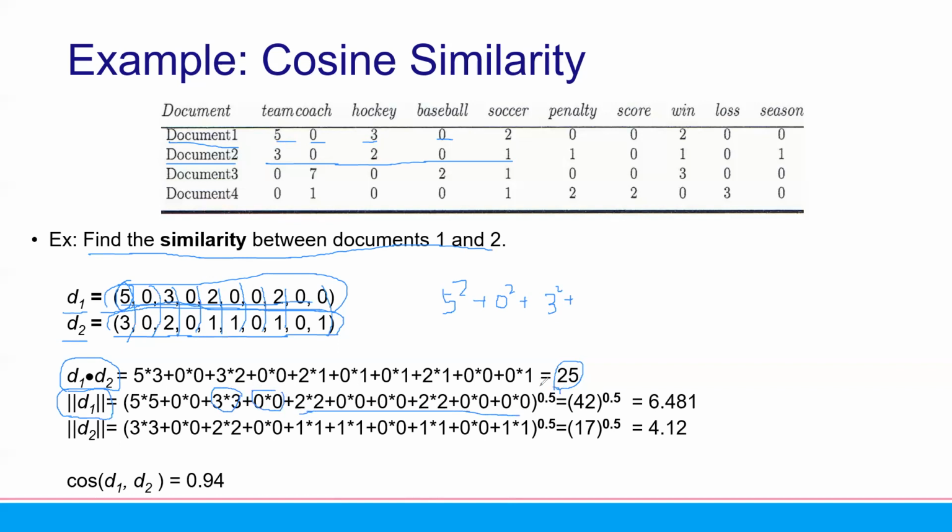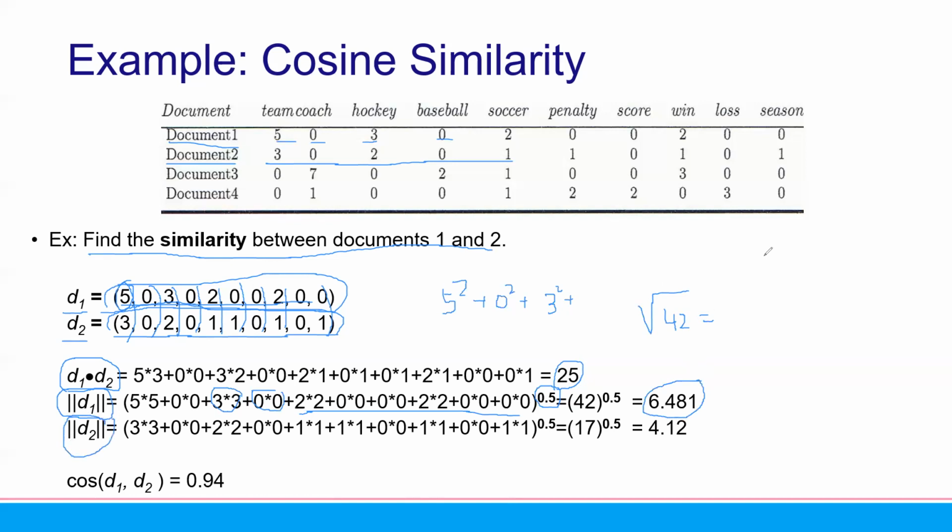And then we will apply the power of 0.5. You know what the power of 0.5 is? It is the square root. So we want to find the square root of 42. Then the result is, yeah, this number. We will do the same with D2. Okay.